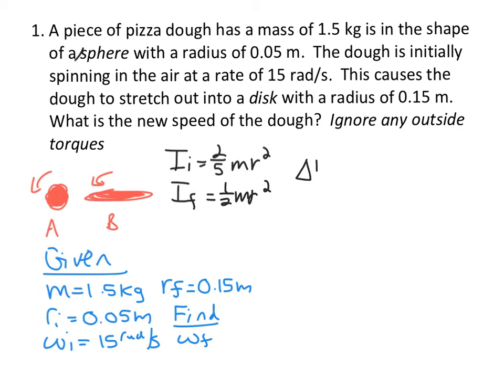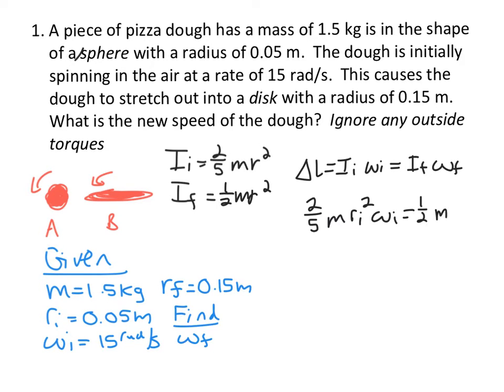So conservation of angular momentum: I initial omega initial equals I final omega final. My I initial would be 2/5 mass times my initial radius squared, times omega initial, and that equals 1/2 mass times my final radius squared times omega final.